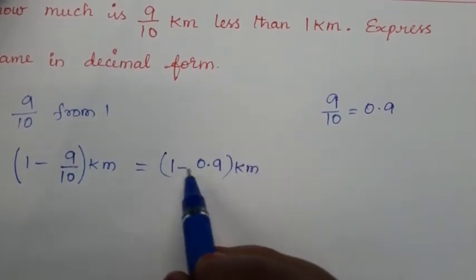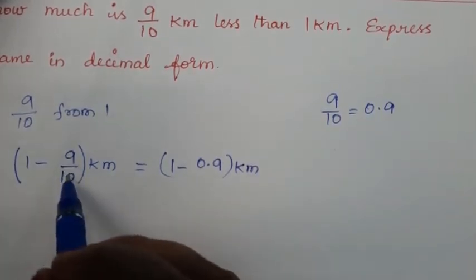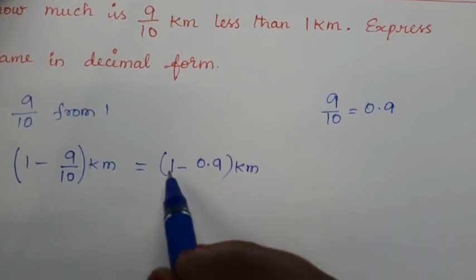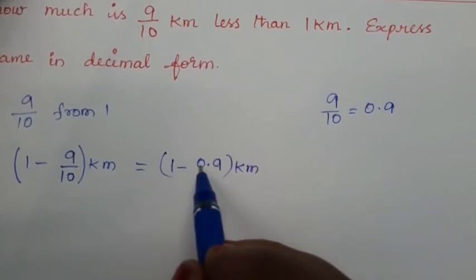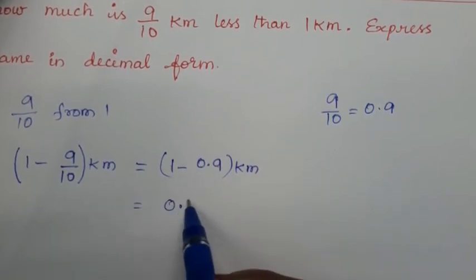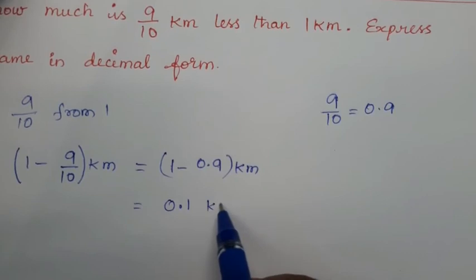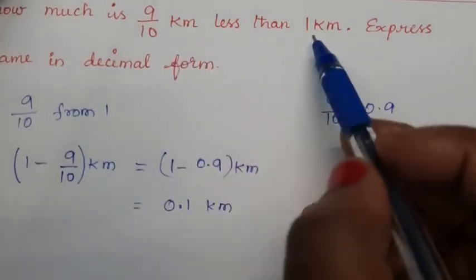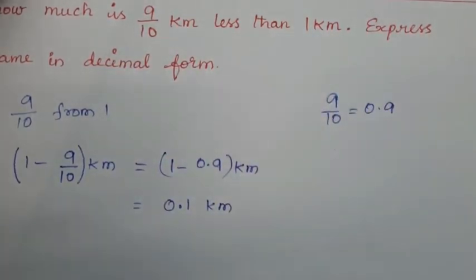So instead of writing 9 by 10 here, I have written 0.9. Subtracting 0.9 from 1, we get 0.1 kilometer, which is the required difference between 9 by 10 and 1 kilometer.